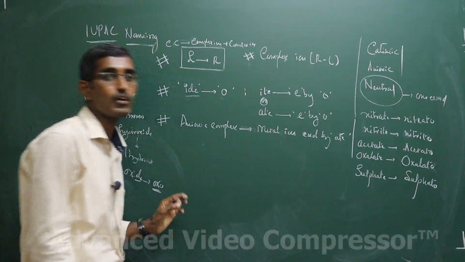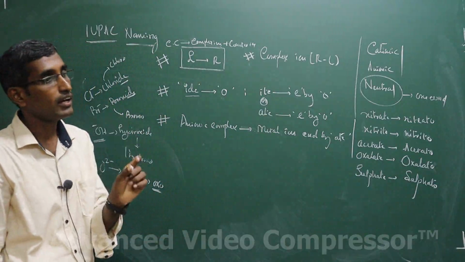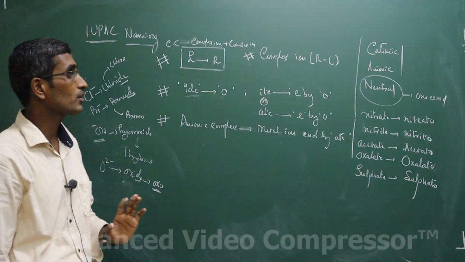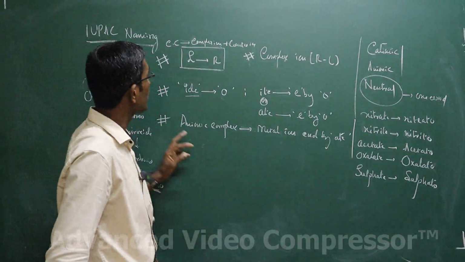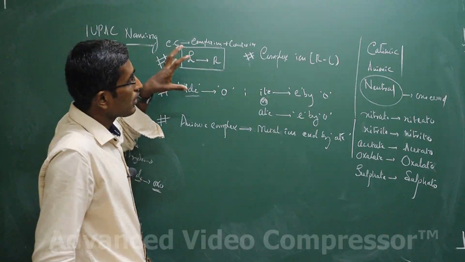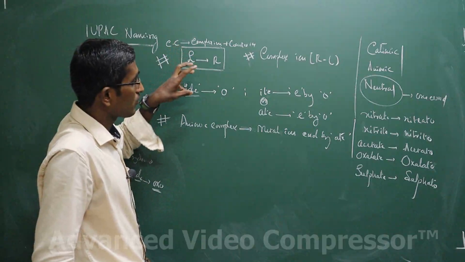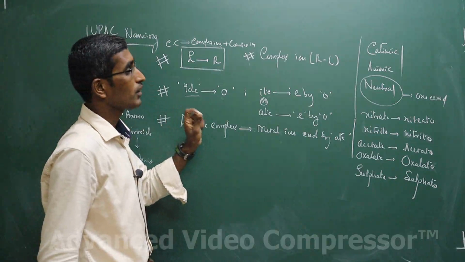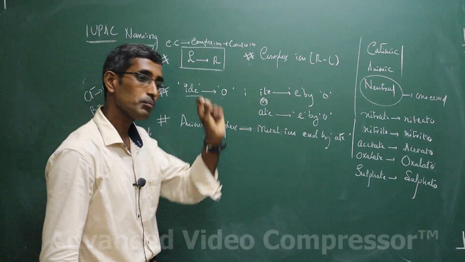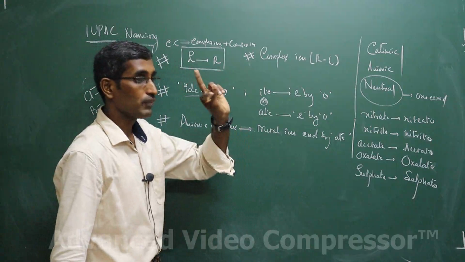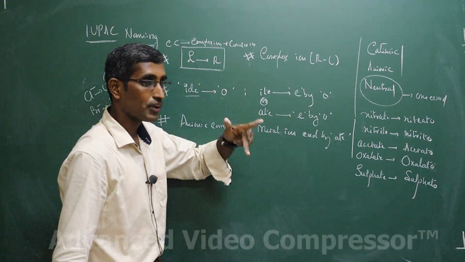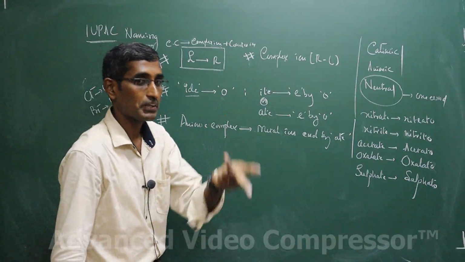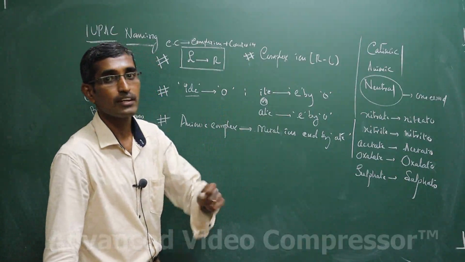If it is an anionic complex, the suffix has to be ATE. In the case of a cationic complex, you don't do anything. For example, if I have a complex containing iron, you write iron. If it is a positive cationic complex, you keep it as iron itself. If it is an anionic complex, instead of writing iron, you have to write ferrate.